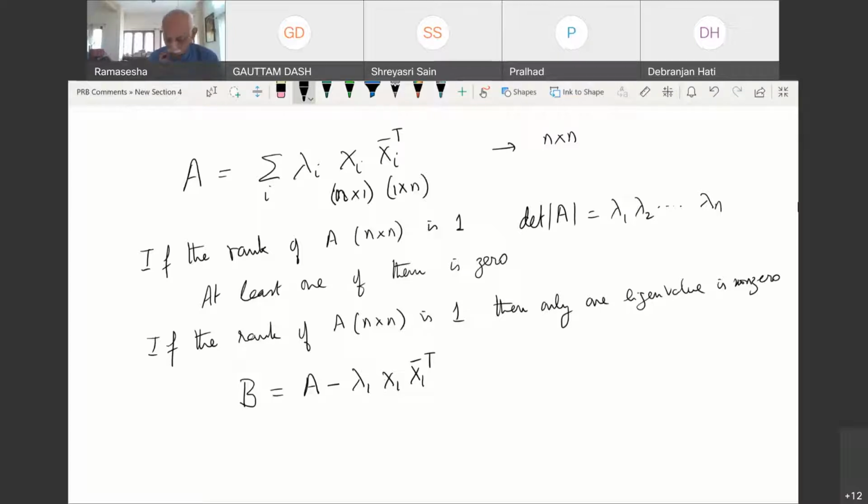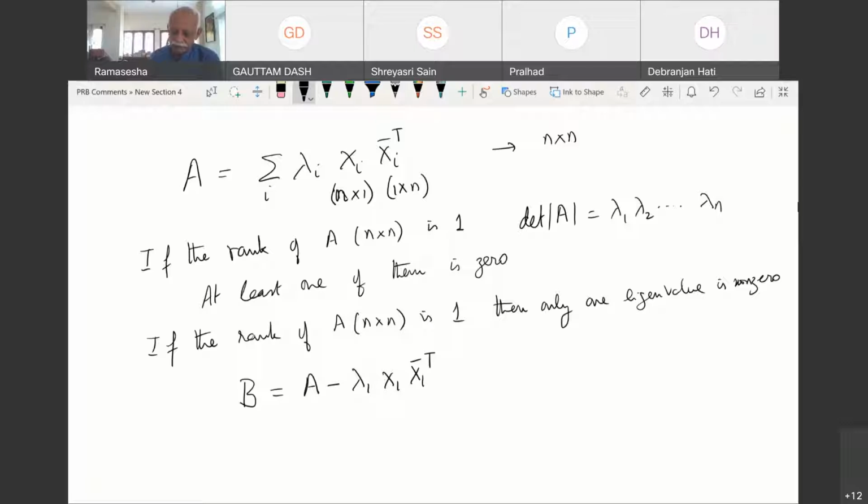So I have to keep on removing the eigenvalues. B is a singular matrix with one 0 eigenvalue. B has one rank less: if A is non-singular, B will be singular but with one eigenvalue 0. If I make two eigenvalues 0, then I have a B prime, which is A minus lambda 1 x1 bar transpose minus lambda 2 x2 bar transpose.